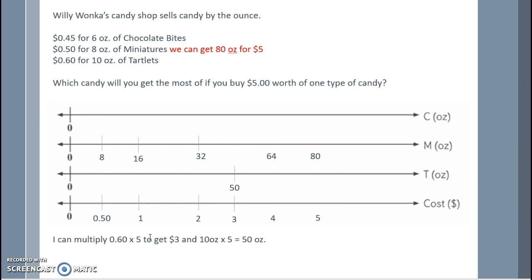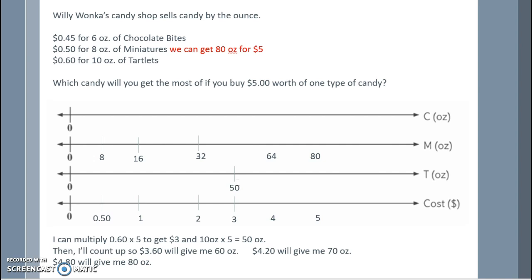Now I'm going to move on to the tartlets. I can multiply 60 cents by 5 to get $3, and 10 ounces times 5 is 50 ounces. Then I'll count up, so $3.60 will give me 60 ounces. So I'll count up by 60 cents and add 10 more ounces.